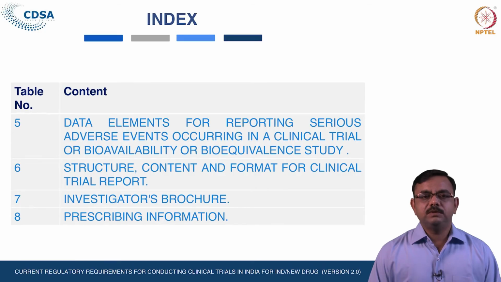So, this is table number 1, the data requirement and the data to be submitted for the registration of the ethics committee. Details about the ethics committee, details about the ethics committee members, details about the composition, the procedure they are going to follow, and the CVs of all the employees, their contact numbers and site-specific details all have to be given, as we have seen in our previous lecture.